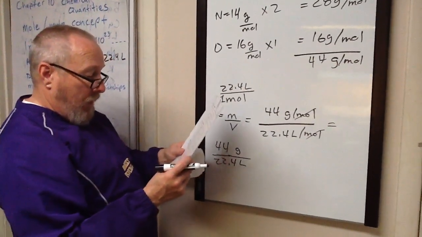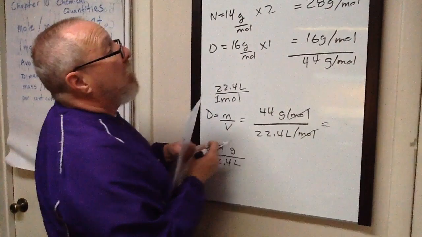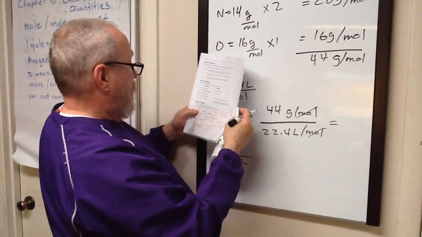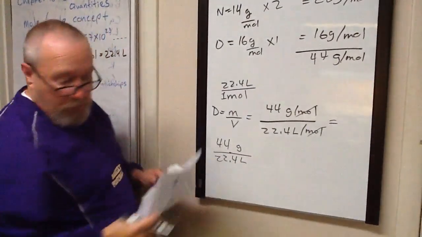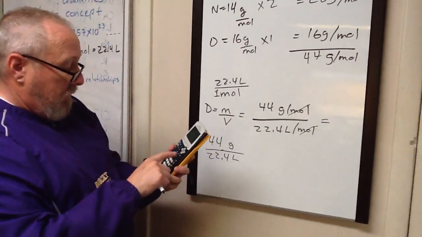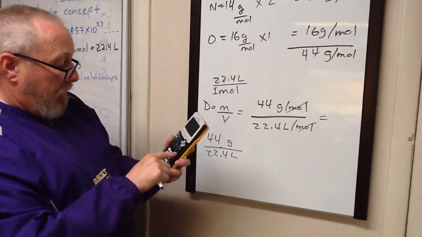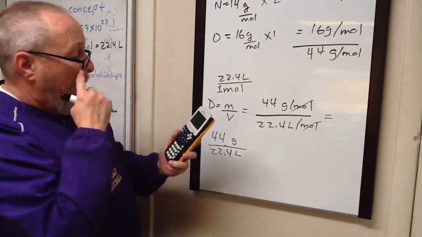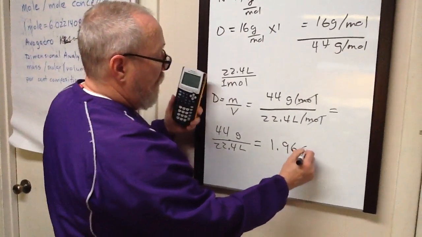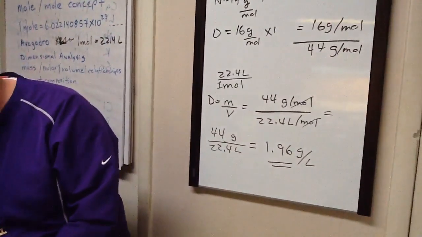When you calculate that out, I get 44 divided by 22.4, which is 1.96 grams per liter for my density. Okay, very dense gas.